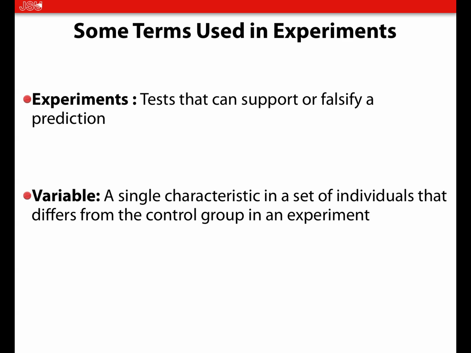Okay, so that's my experiment. I'm going to give this to different people to see what result it has. Now the variable is, let me say the variable is the presence or absence of the drug. Okay, so I could say if I give this drug to people, their blood pressure will be reduced.